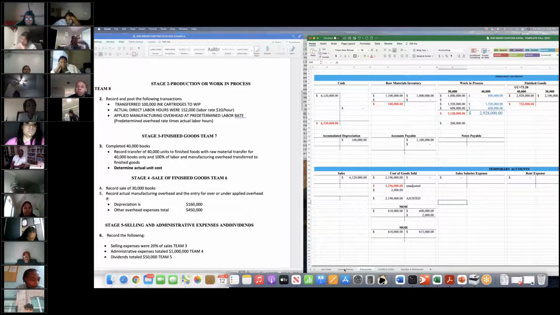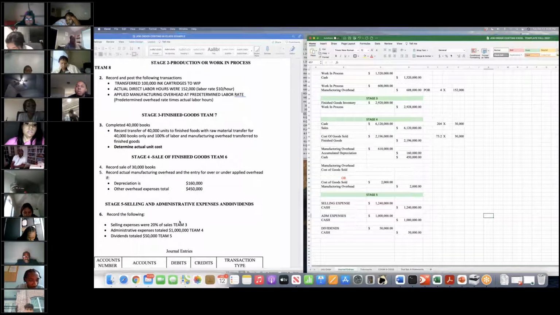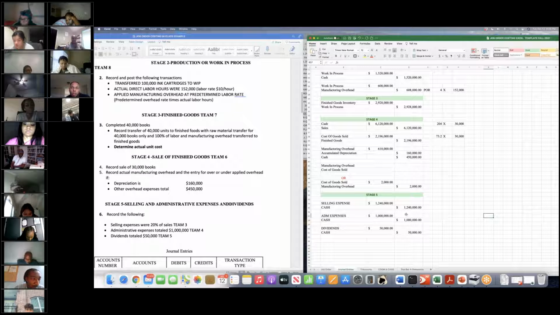Then we have a couple other journal entries to make. Selling expenses are 20% of sales. So we just take 20% of sales, 6,128,000. We're going to debit selling expense and credit cash. Administrative expenses is $1 million. Debit administrative expense, credit cash. Our dividends are 50,000.